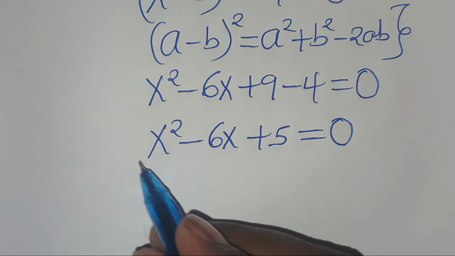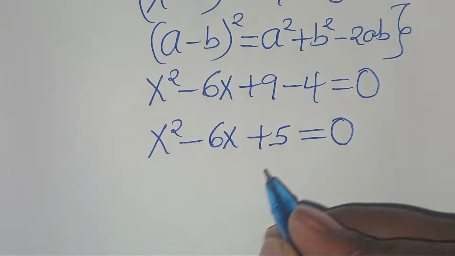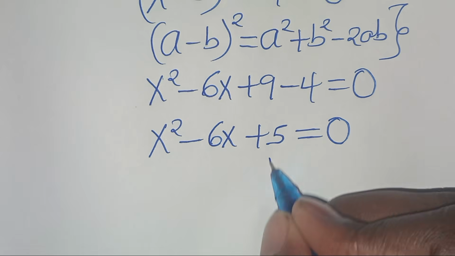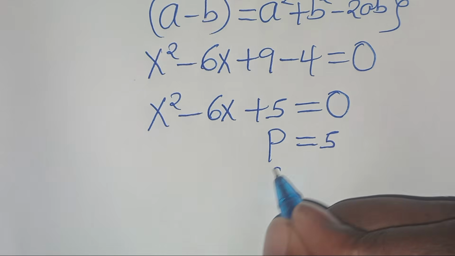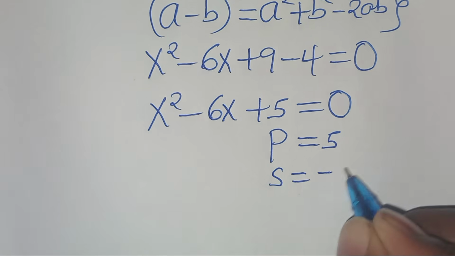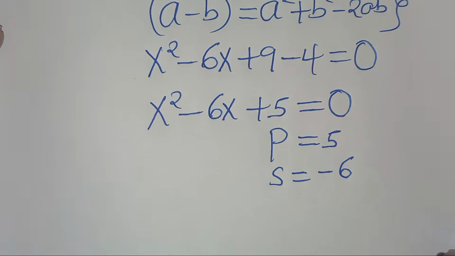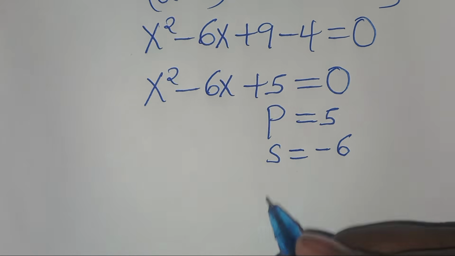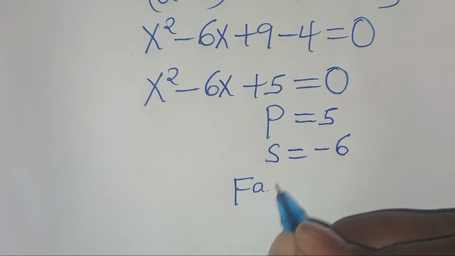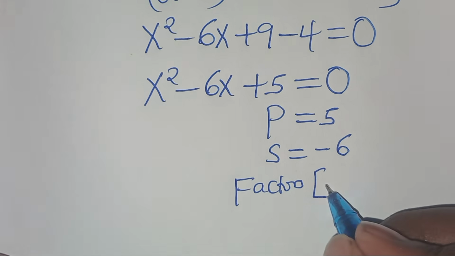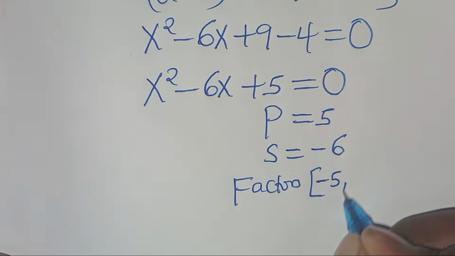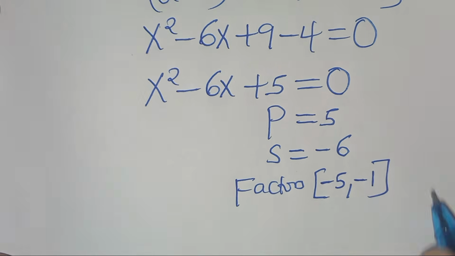So this is a quadratic equation that we can solve by factorization method. We have the product equal to 5 and the sum equal to negative 6. So this implies that we have factors of negative 5 and negative 1.